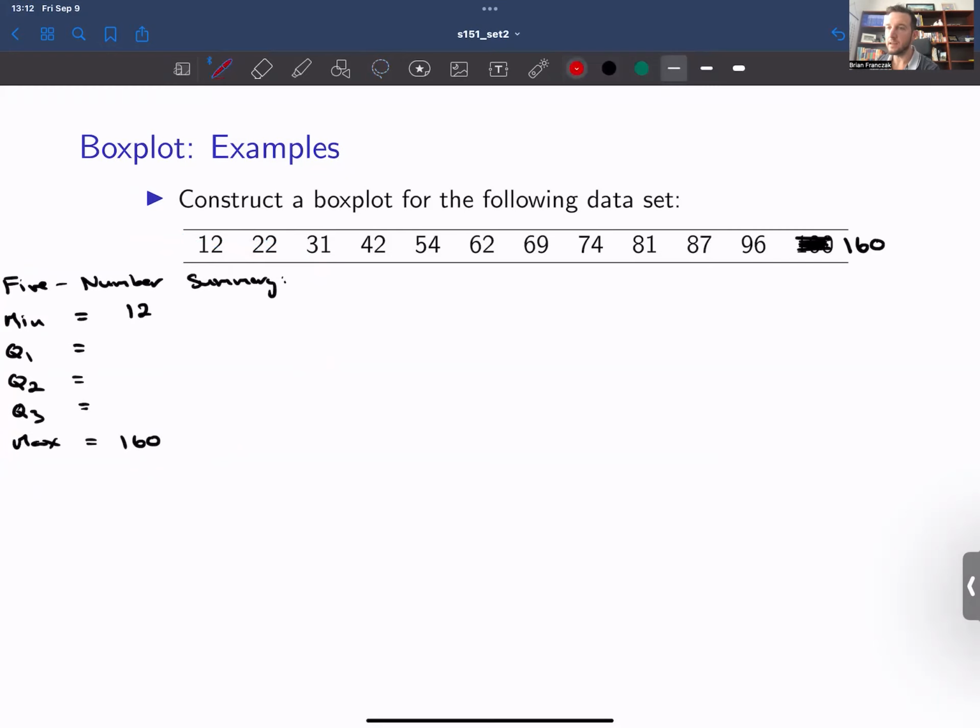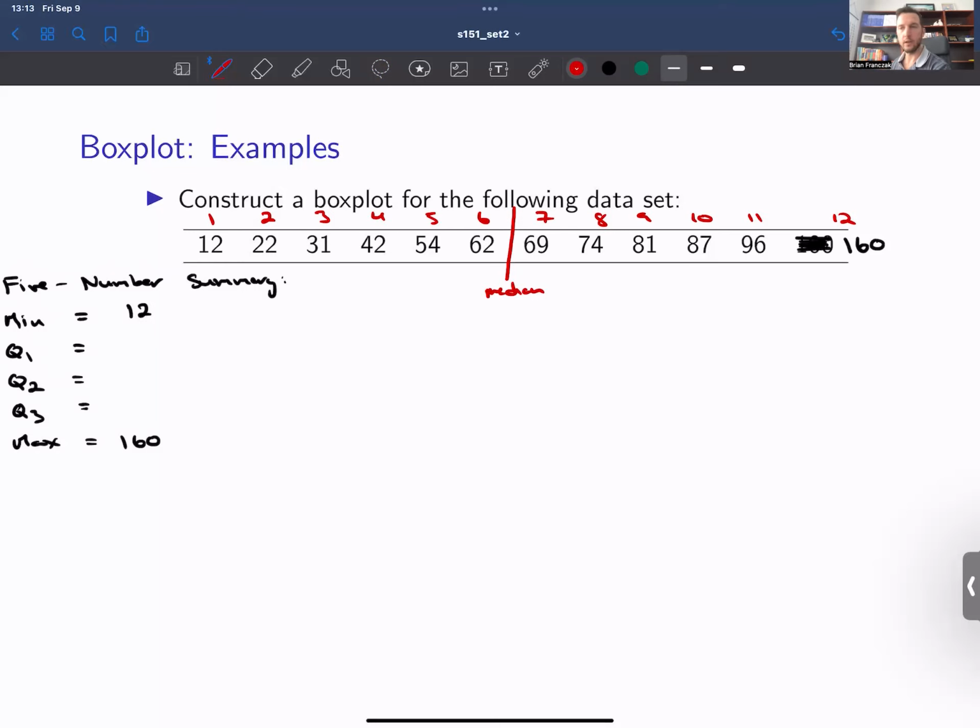Now, to find the median and the quartiles, the first thing we'll do is determine how many observations we have. So we're simply counting the number of observations in the data set. All right, so we have 12 values. The median is the value that splits the data into 2 equal halves. Okay, so the median is going to be located right here, between the 6th and the 7th observation.